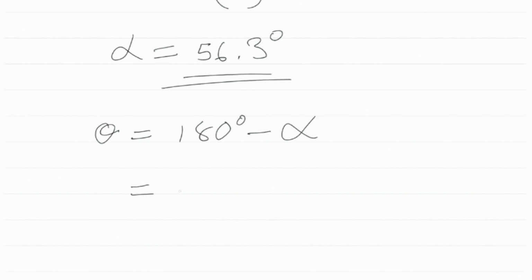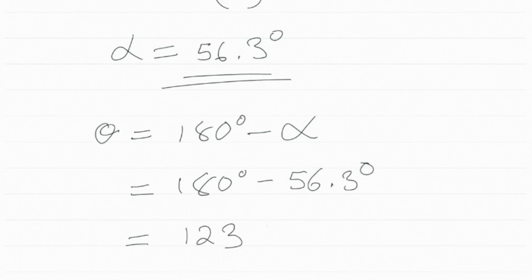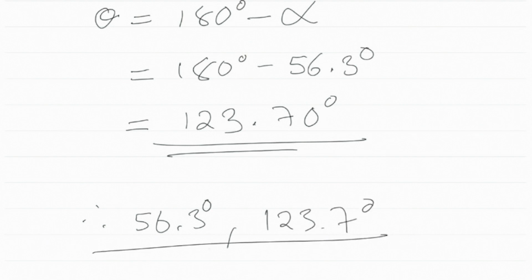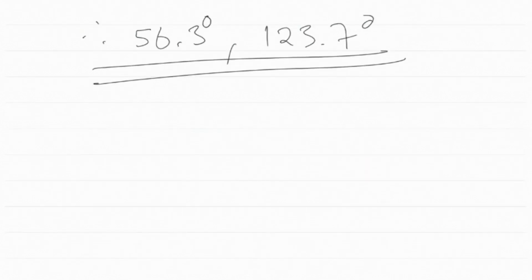And this is simply going to give us 180 degrees minus the 56.3 degrees, which finally gives us 123.70 degrees. So therefore, the solutions to this, we have 56.3 as well as 123.7 degrees. We have solved this trigonometric equation.